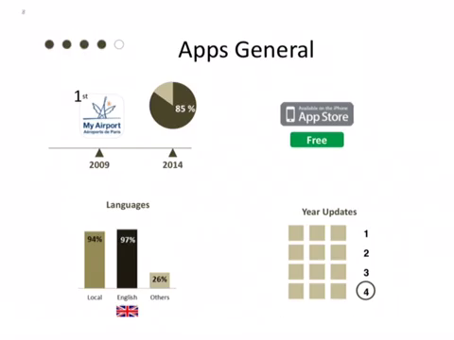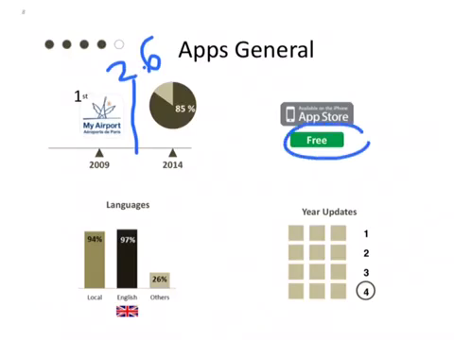The general results of those evaluations are the following. First, airports have been providing mobile applications for iPhones for 2.6 years on average, with Aéroport de Paris the first one back in 2009, so it has been 5 years. At the time of the research, 85% of those airports were providing iPhone applications.